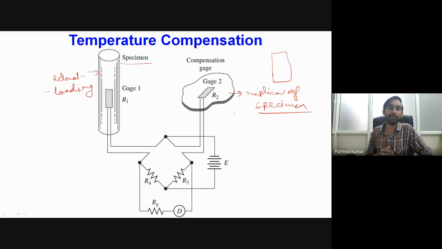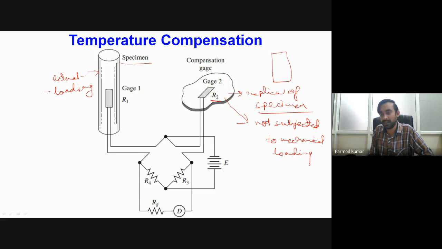Okay, so what will be happening if at any point the resistance of this particular strain gauge is changing, because it is not subjected to any mechanical loading. So this particular second strain gauge is not subjected to any mechanical loading.